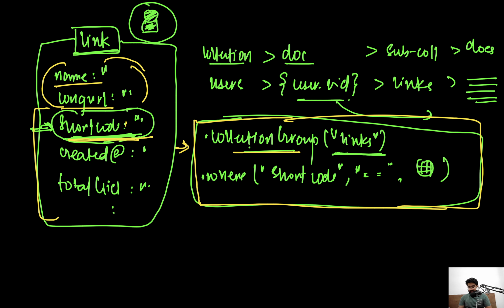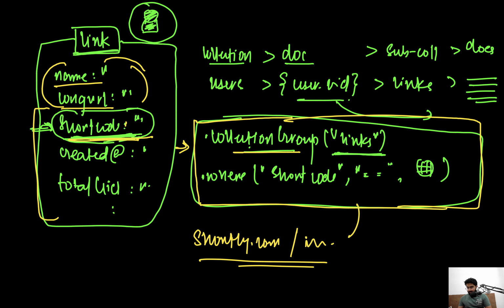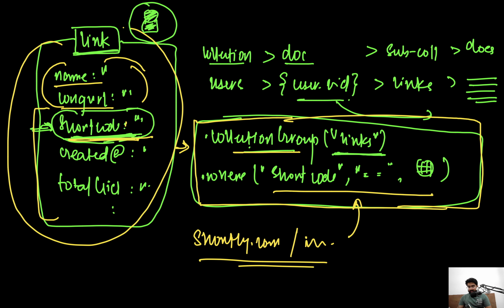And the other thing is that when any user visits the shortened link, something like this, and we query the document in such a way, it's going to retrieve the entire document, out of which maybe we just need the long URL.